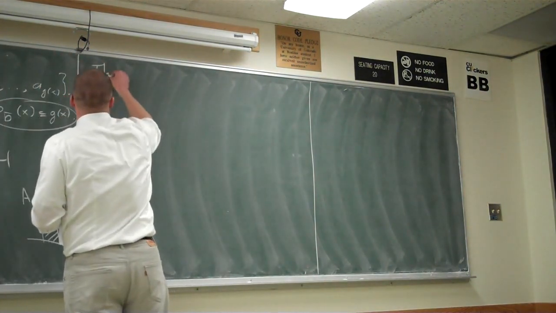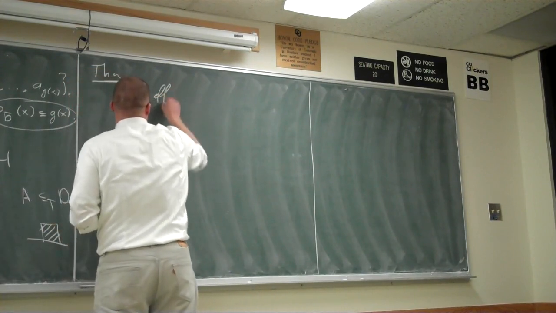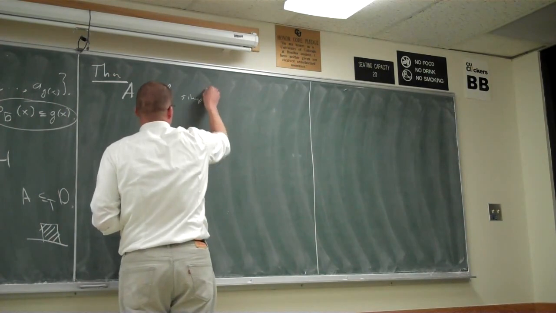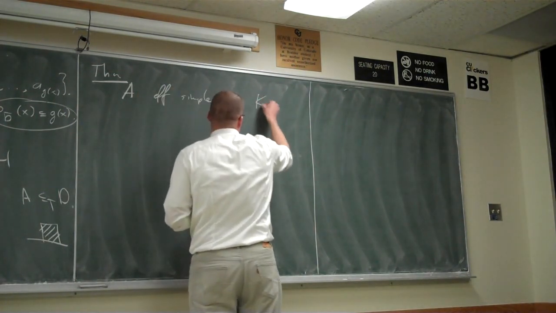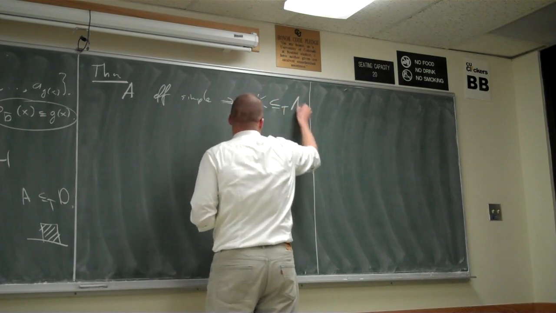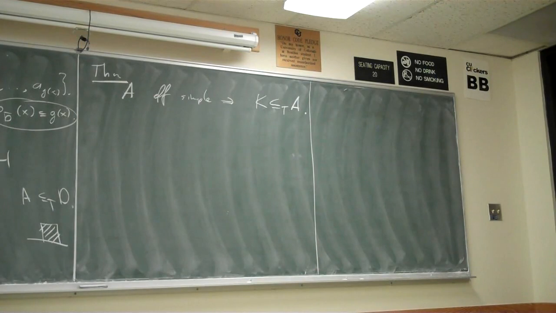Unfortunately, if A is effectively simple, then K Turing reduces to A. So all effectively simple sets are complete, i.e. not intermediate for sure.